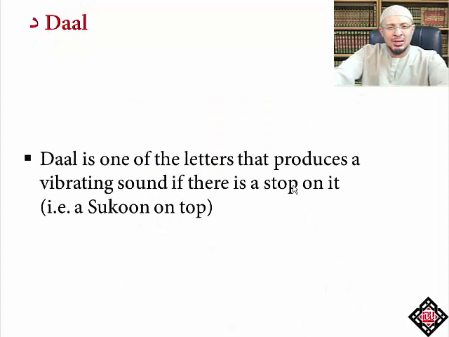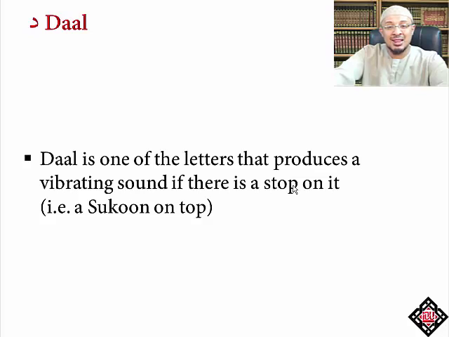One unique aspect of the dal is that it is one of the letters which has an inherent quality of vibration. You could think of it as an internal quality of a drum. This is when it has the sukoon symbol, the stop, on the letter.